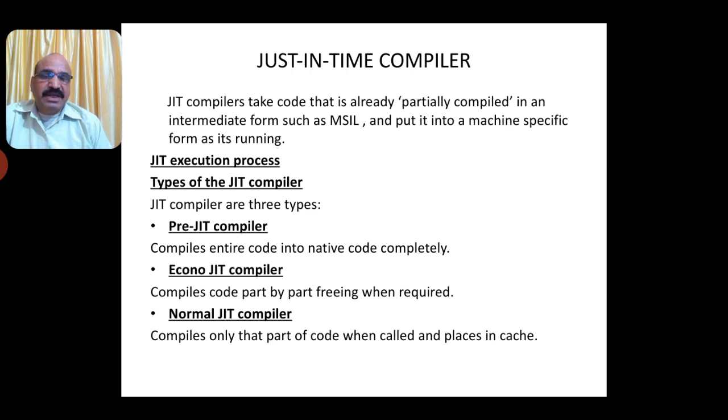The type checker also makes sure that only valid operations are performed on the code, otherwise an exception will be thrown. The code is controlled by the CLR at runtime.